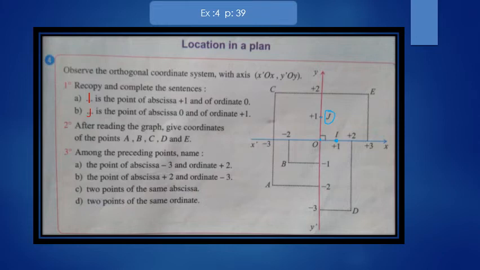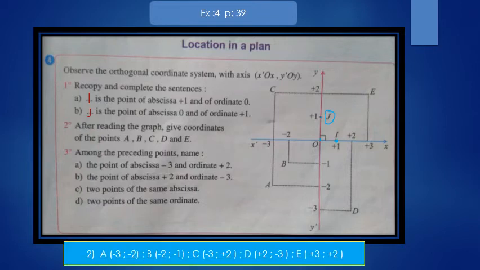Now, after reading the graph, give coordinates of point A. How to read? Always I have to start by projecting A on the x-axis. A is on -3 on the x-axis, and the projection on y-axis is -2. So the coordinates of A is (-3, -2). Okay?